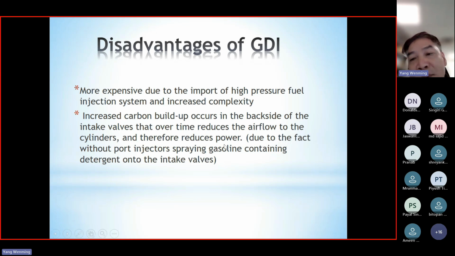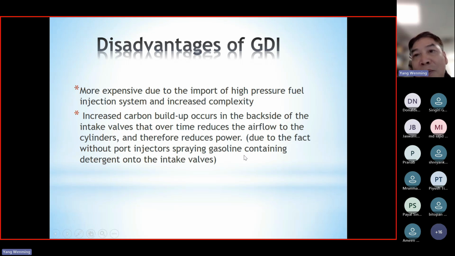This is due to the fact that in GDI there's no port injection, correct? Gasoline fuel is directly injected into the combustion chamber, so the fuel doesn't flow through the intake valve, correct?